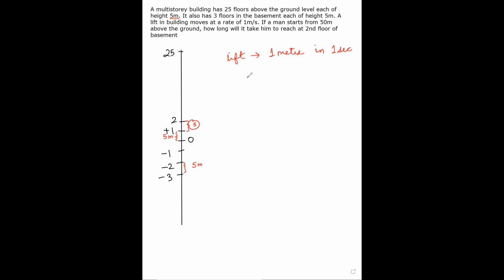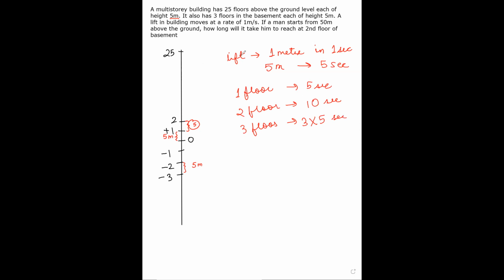Because 1 meter it covers in 1 second, so 5 meters it will cover in 5 seconds. So that means one floor, it goes in 5 seconds. Two floors, it will go in 10 seconds. And similarly, 3 floors, 15 seconds. That's basically 3 multiplied by 5, right?